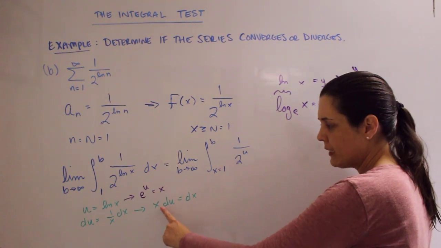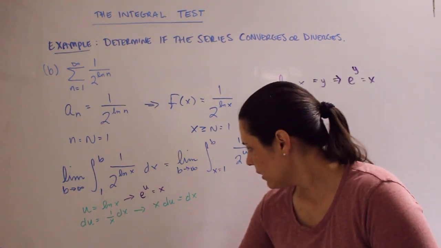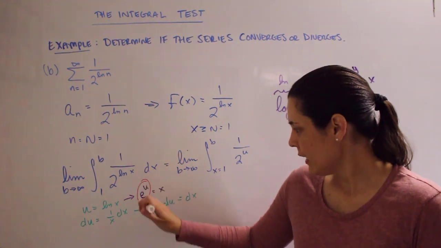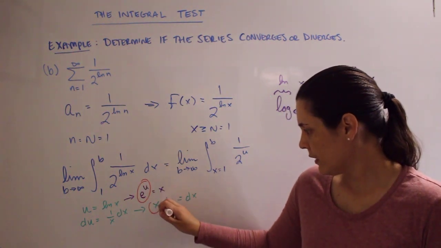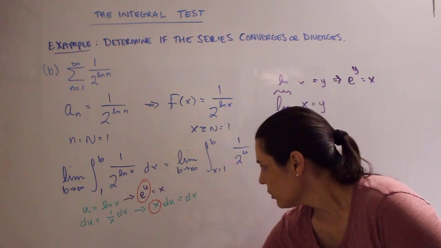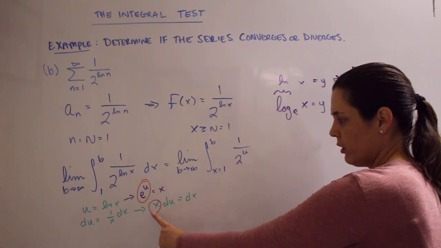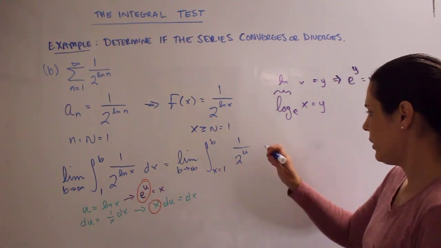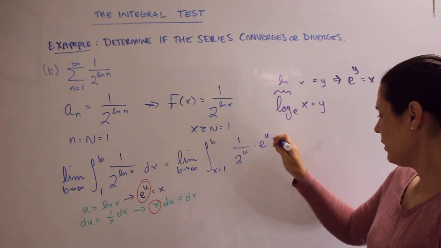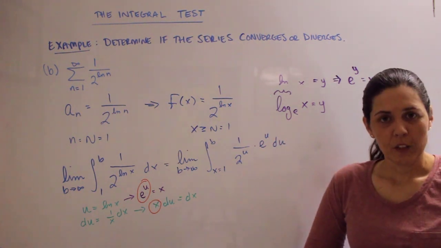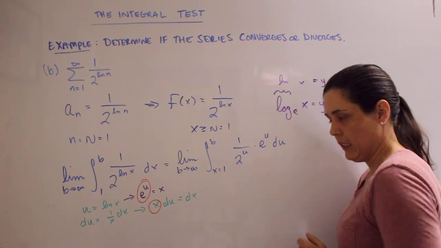But instead of writing x du, we know what x is. Let's just circle it here. I know e to the u is the same thing as x. So instead of dx, I'm going to write e to the u du. So we successfully rewrote this integrand.